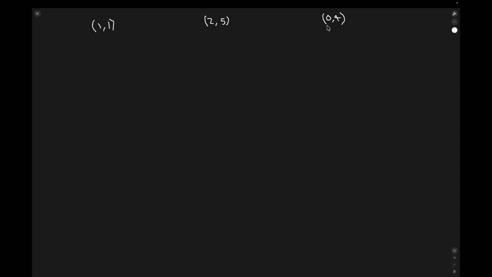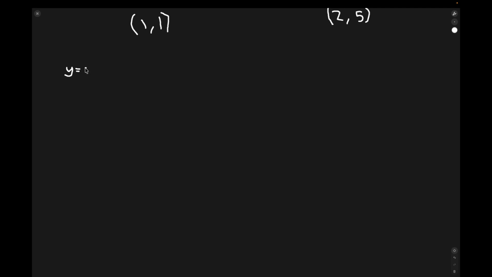To find the equation of a parabola, we are going to do a 3-way simultaneous equation. So, let's write out the equation of a parabola for each one.